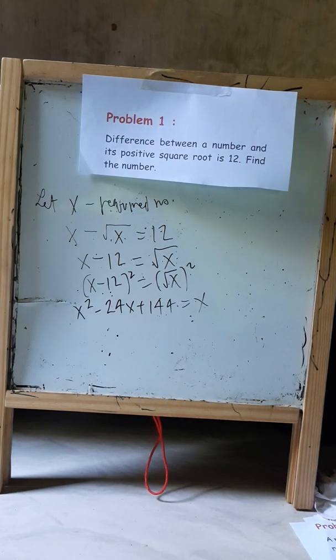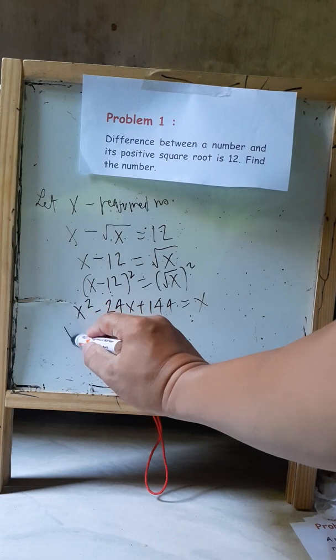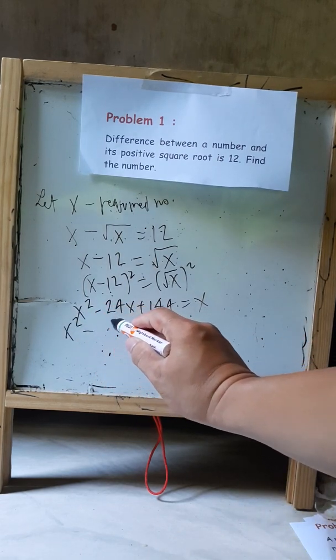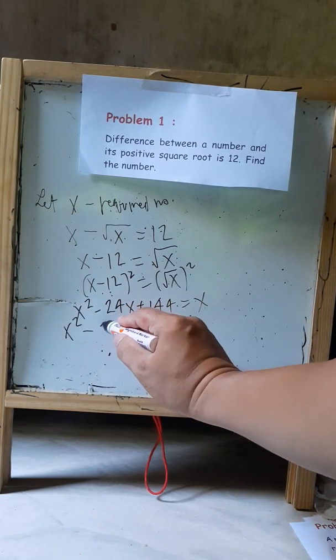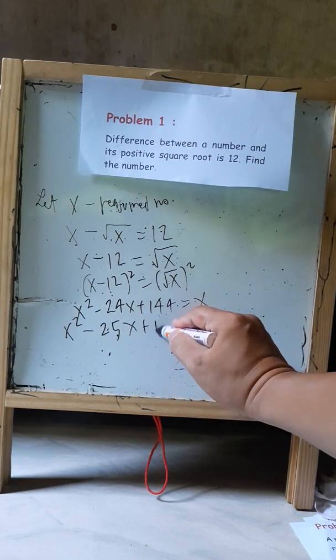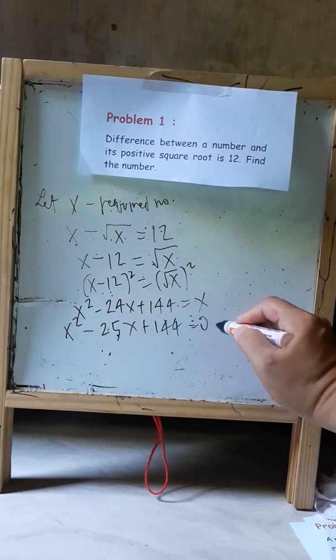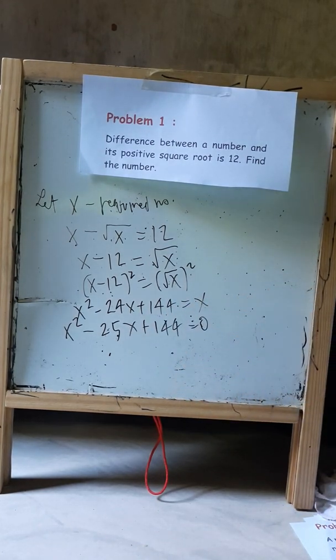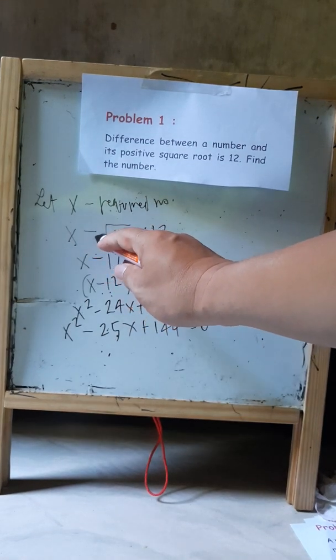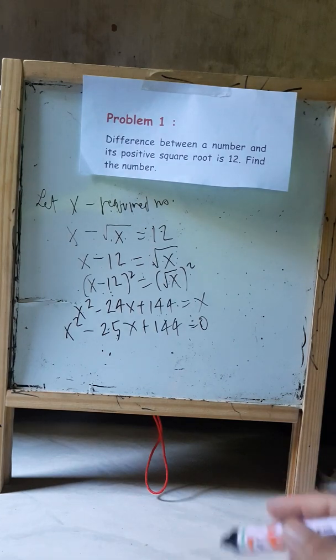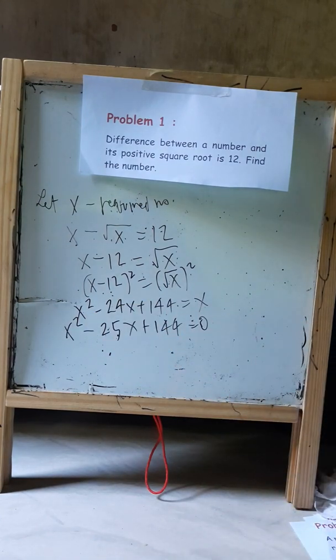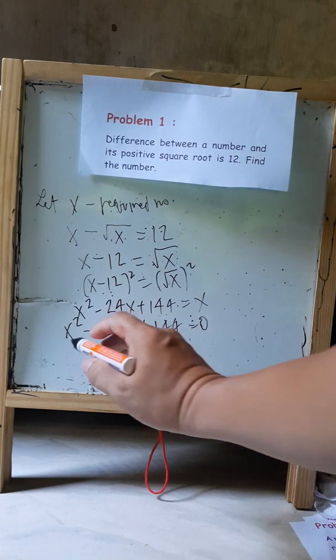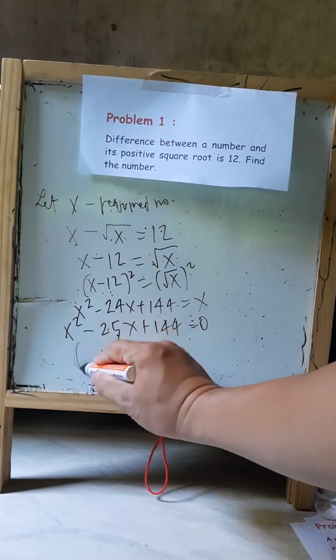Then x squared minus 24x minus x is minus 25x. So as you can see, this equation, x minus square root of x equals 12, was transformed into a quadratic equation, x squared minus 25x plus 144 equals 0, which can be solved by factoring.